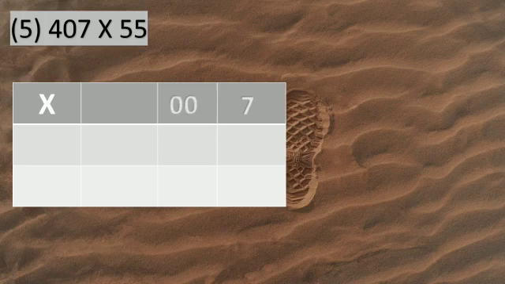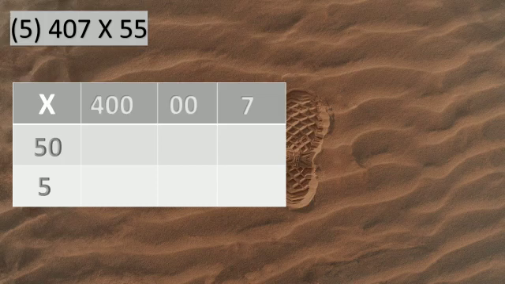Tens place 00, because at the tens place it is 0 and the value of it is 0. Hundreds place we will write it as 400. Okay. Then the next number is the multiplier. Multiplier is 55. So units place 5 and tens place we will write it as 50.